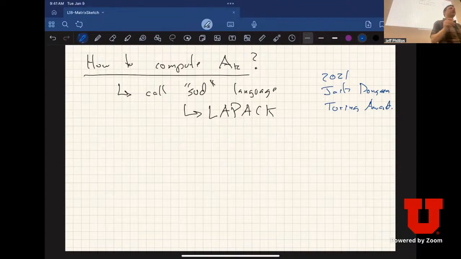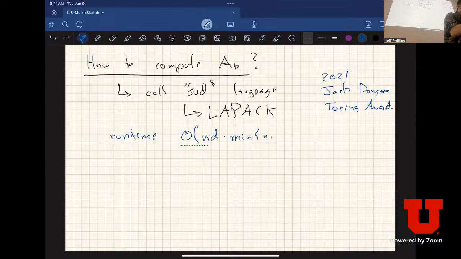The challenge is that the runtime is going to be O(ND times the min of N and D).